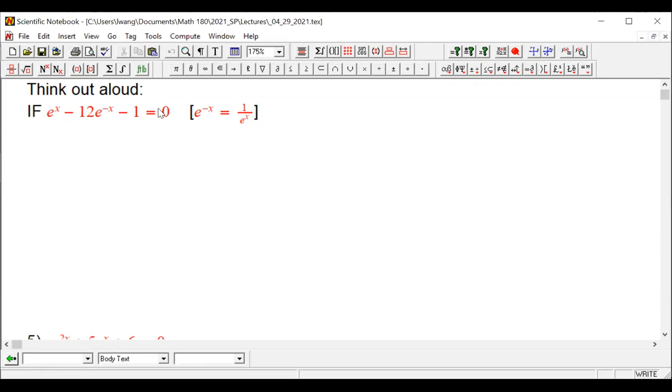Okay, so if this is true, knowing e to the power x is positive, we're going to multiply both sides by e to the power x.